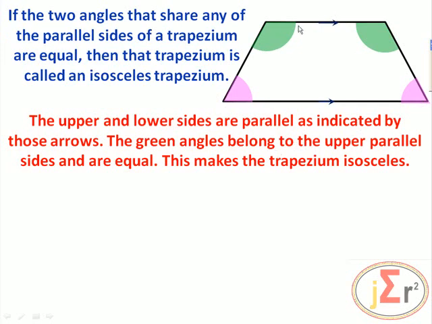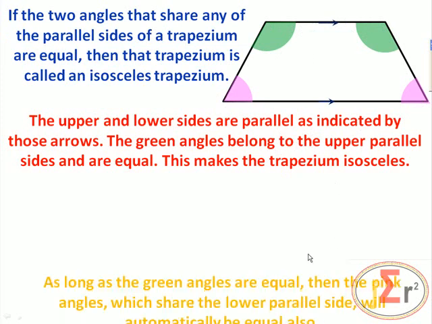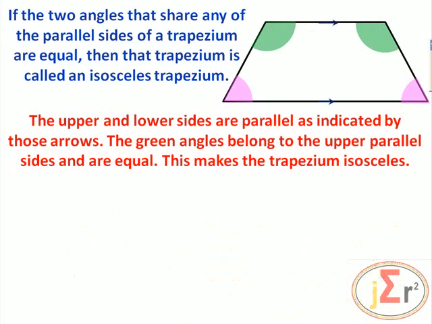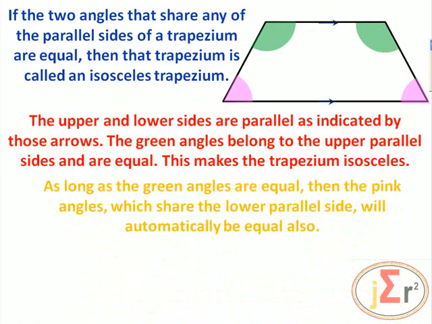And as long as any two of them are equal, two angles sharing any of the parallel sides, then the trapezium is called an isosceles trapezium. As long as the green angles are equal, then the pink angles which share the lower parallel sides will automatically be equal.